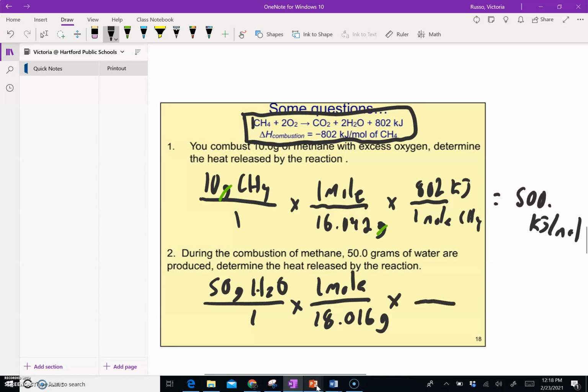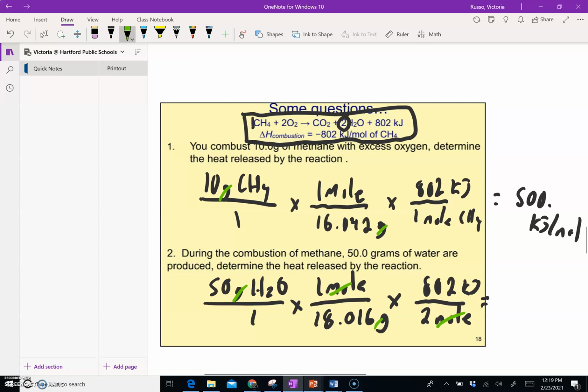Now, we need to multiply by the energy. If you look at the equation, 1 mole of CH4 releases that much energy, but in the equation there's 2 moles of water. So here, 2 moles of water releases 802 kilojoules of energy. When you cancel out all the units, the grams cancel, the moles cancel, and you're left with kilojoules.